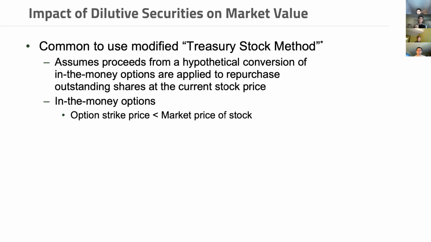And so there's this conversion that takes place within our benchmark number to help us understand and help us get a clear, accurate idea of whether or not to make a 1-0 decision. And so this dilutive securities on market value is a tool that we use to get a clear, precise benchmark for us to make that 1-0 decision.